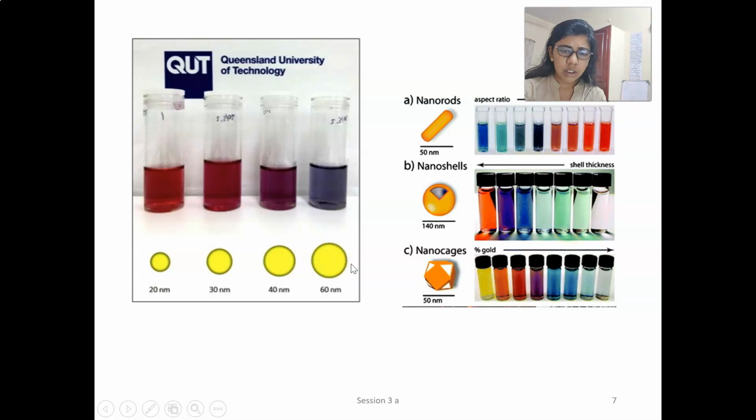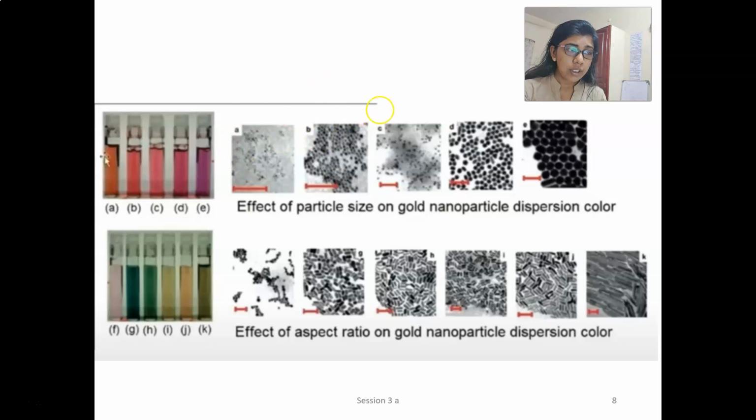You can study that in higher classes, but this is a very interesting field and very widely used in many applications. Here you can see as the size of the nanoparticle is changing, the color will also be changing. This is a TEM image showing how the size varies, and in this picture you can see the color of the nanoparticle, and also the aspect ratio as it changes for gold nanorods, the color of the particle will be changing.